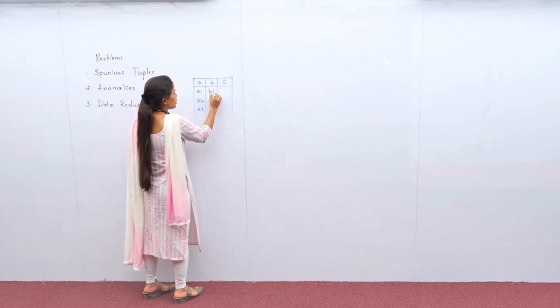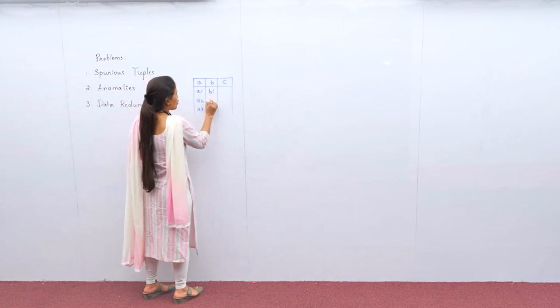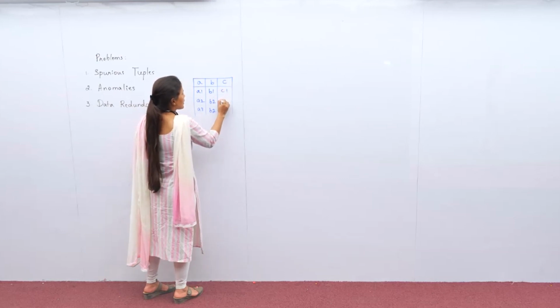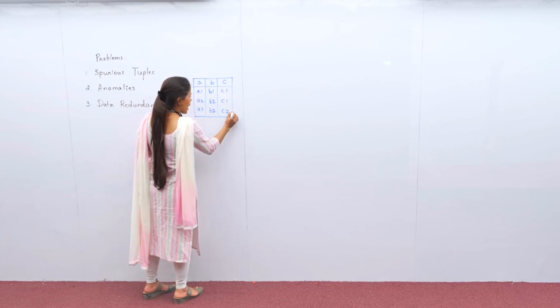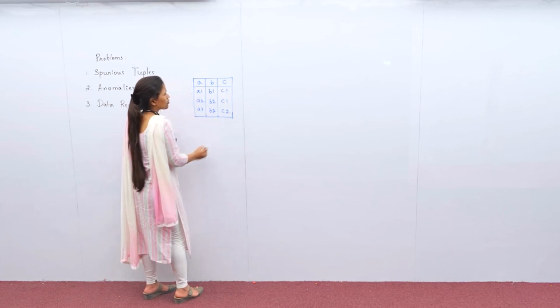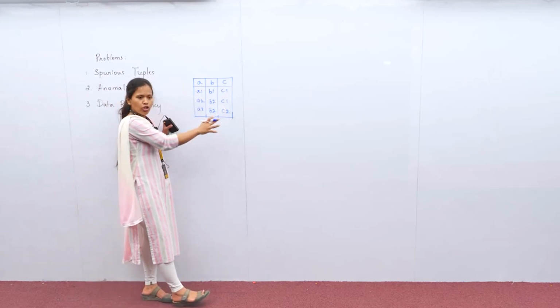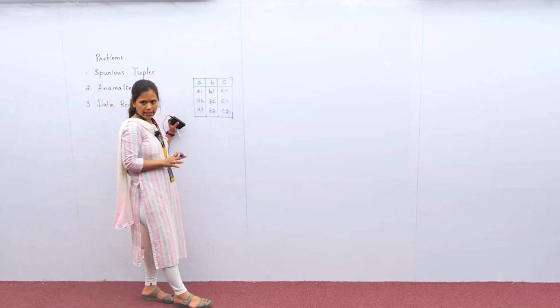Inside column B I have the values B1, B2 and B2. Inside column C I have C1, C1, C2. All these happen to be the values. Assume that I have one table and the values are stored like this.